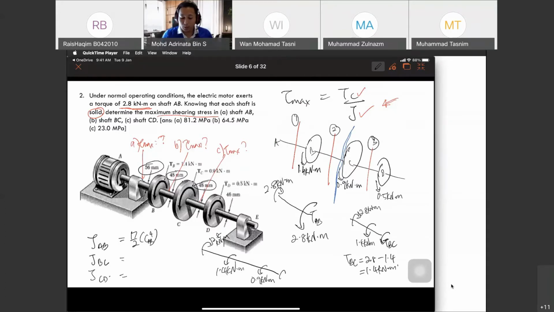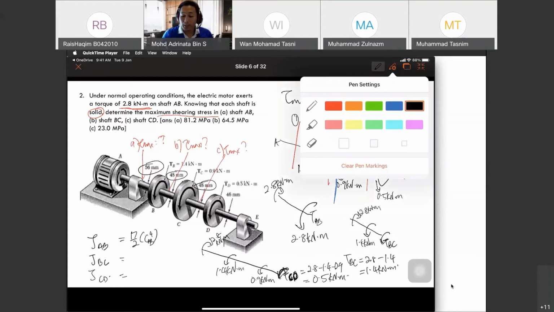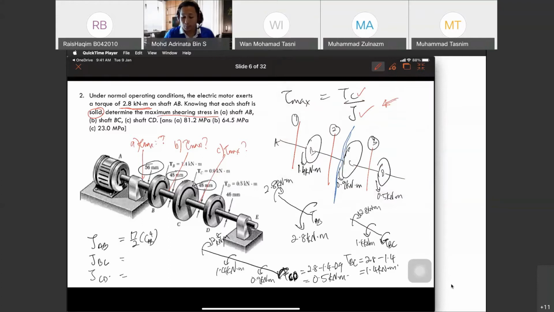So TCD equals to 2.8 minus 1.4 minus 0.9 equals to 0.5 kilonewton meter. So ni bukan BC, ini CD.